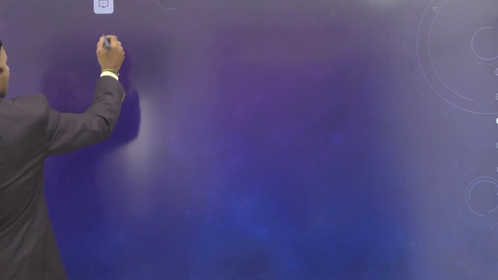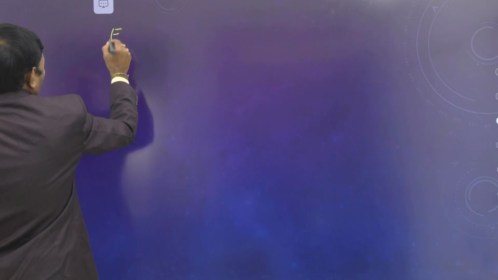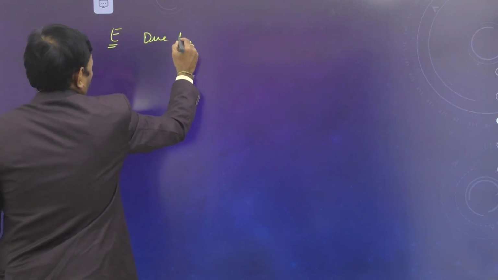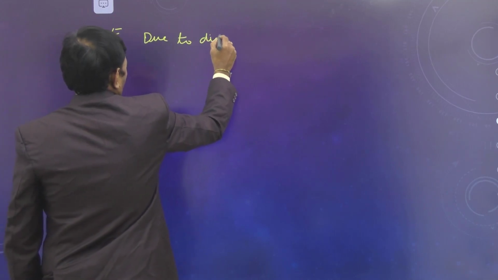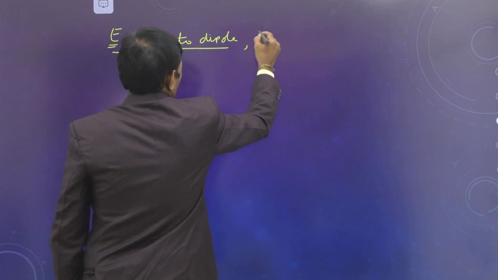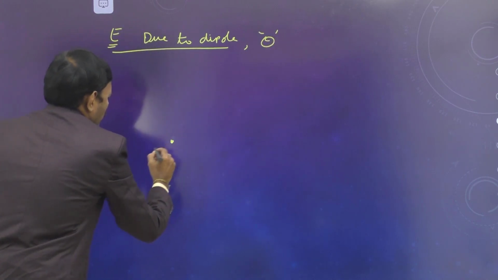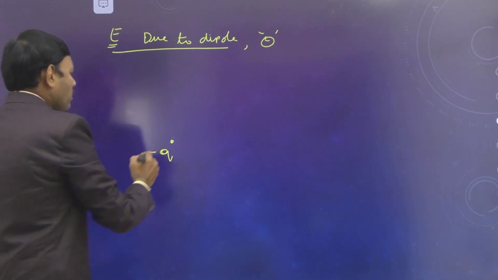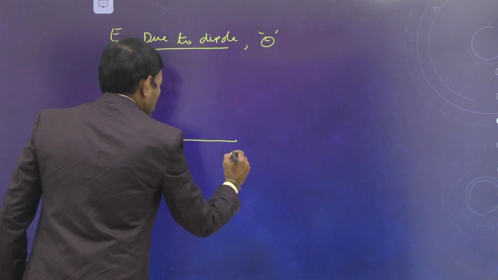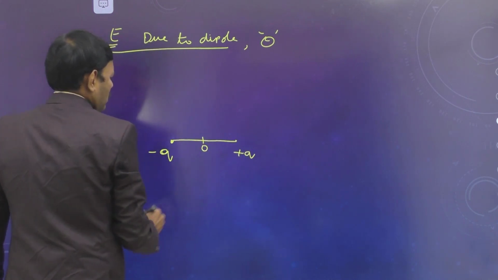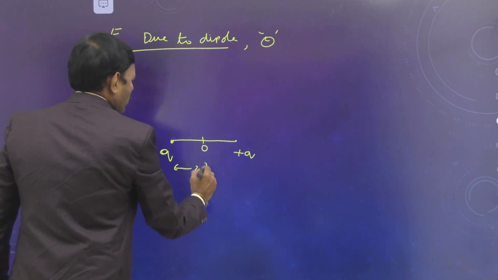Here I would like to write the electric field intensity due to a dipole at some arbitrary point which makes theta angle. So let minus q be the charge of the dipole at one end, at the other end the charge of the dipole is plus q, O is the midpoint of the dipole, 2L is the length of the dipole.